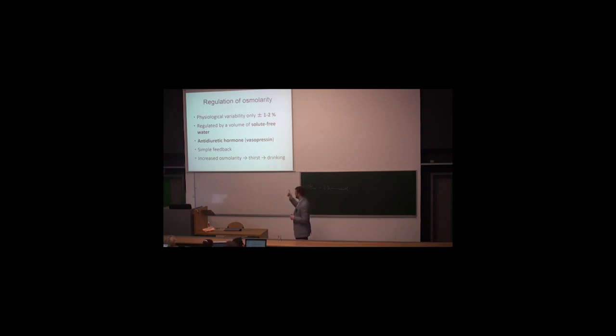And the system that does the osmolarity regulation is the antidiuretic hormone or vasopressin. Yes, those are synonyms. What does the antidiuretic hormone do? We will describe it in detail in the next lecture.